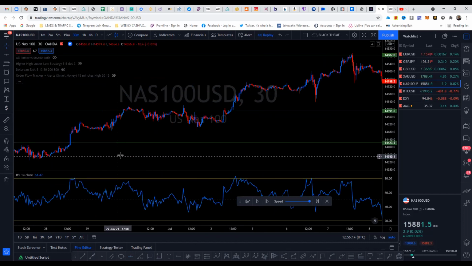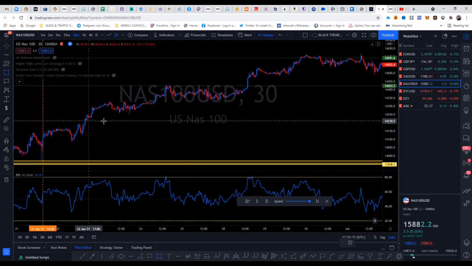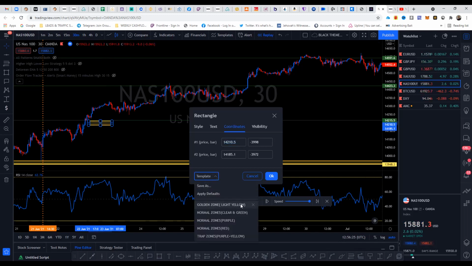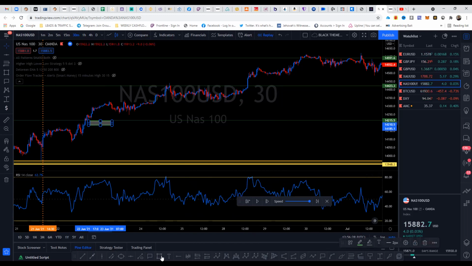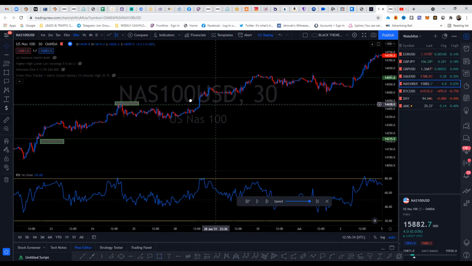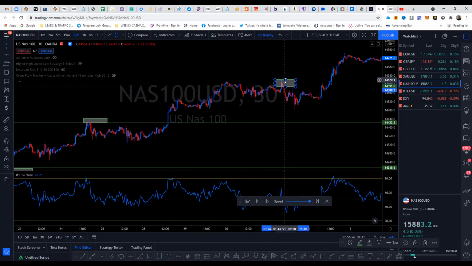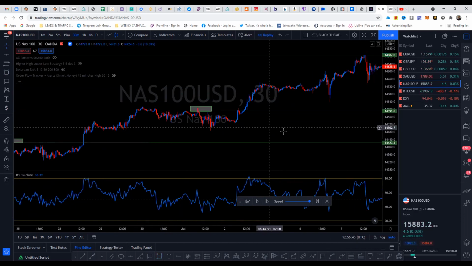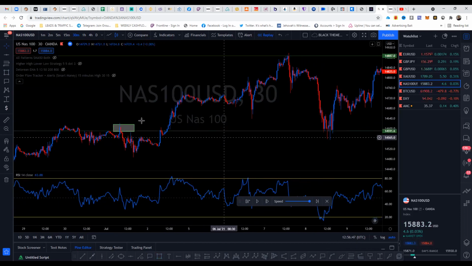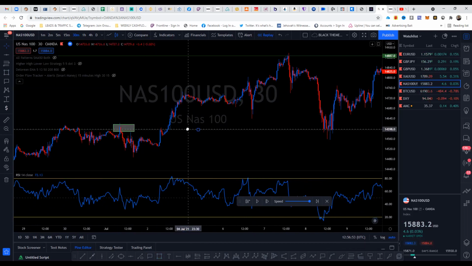All right, so now we're going to mark up our zones. Green. So actually, I'm going to move this here. Oops.